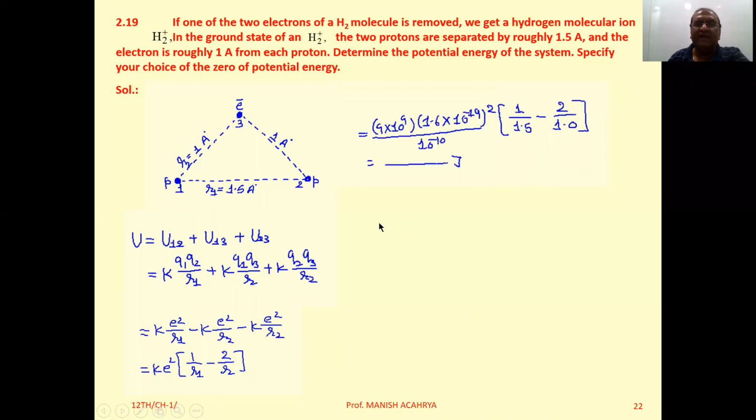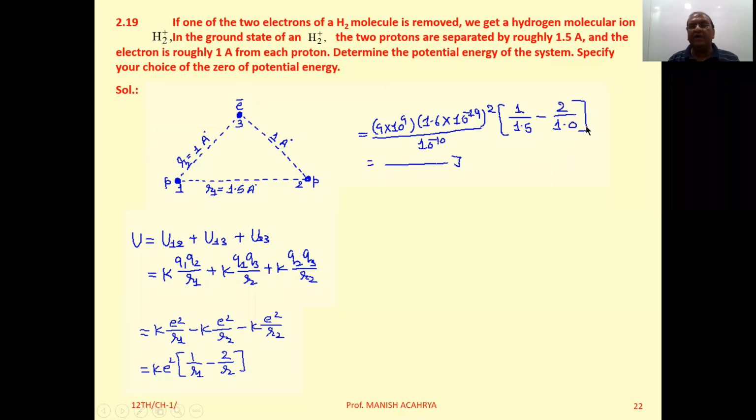Now substitute the values. K is 9 into 10 raised to 9, e is 1.6 into 10 raised to minus 19, squared. Then 1 upon R1, that is 1.5 angstrom, that is 1.5 into 10 raised to minus 10, minus 2 upon R2, that is 1 angstrom, that is 1 into 10 raised to minus 10 meter.